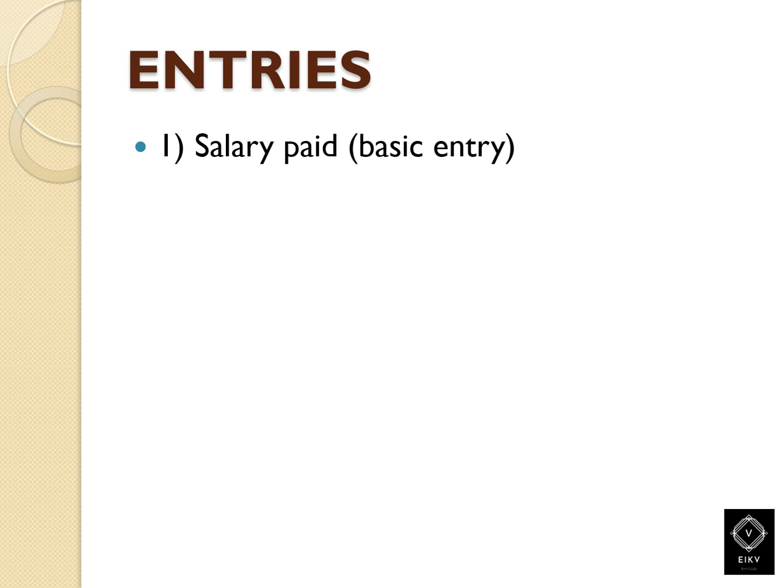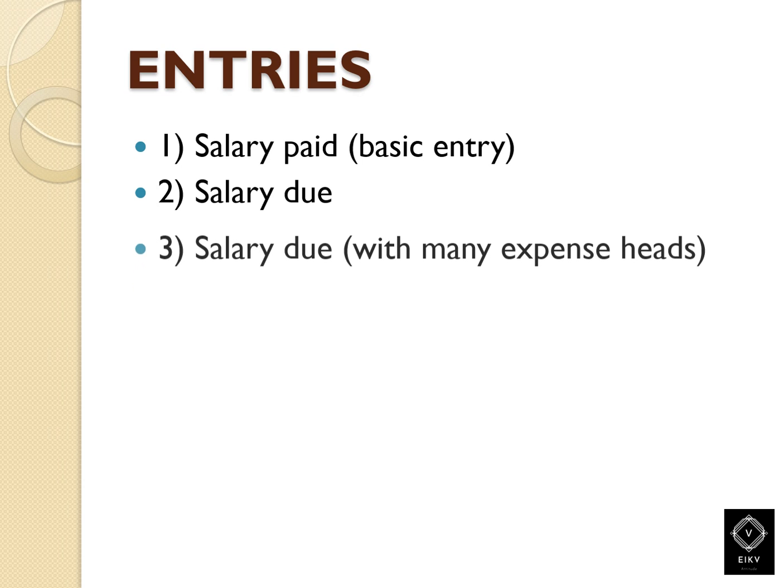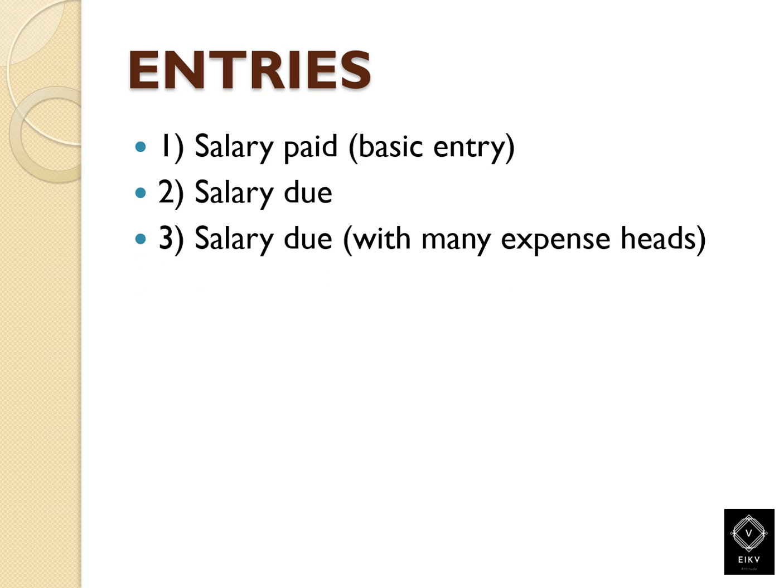Okay, first one is salary paid, basic. I hope you know what a basic salary entry is. I will just brief this basic entry so that we will get clarity in the later stages. Okay, the salary due entry is there. Next one, salary due with many expenses heads.